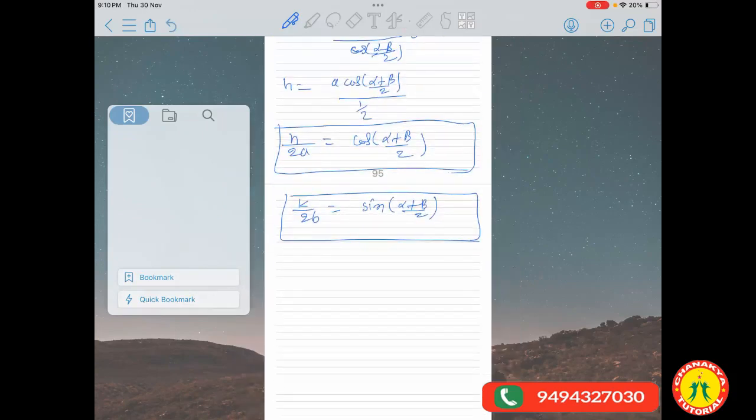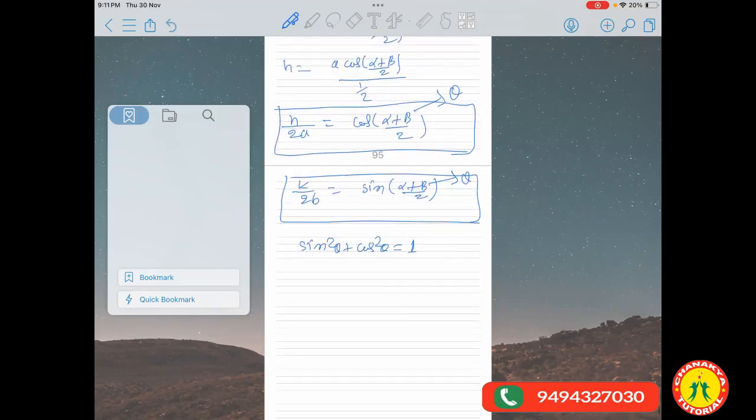So you can now apply sin square plus cos square equal to 1. The angle (alpha plus beta)/2 is the same in both, so you can apply the identity sin square theta plus cos square theta equal to 1, letting (alpha plus beta)/2 equal theta. Every time you find a locus in terms of sin and cos, apply this identity.